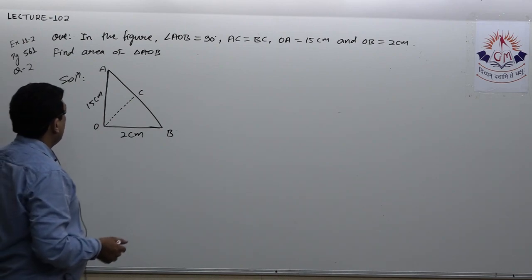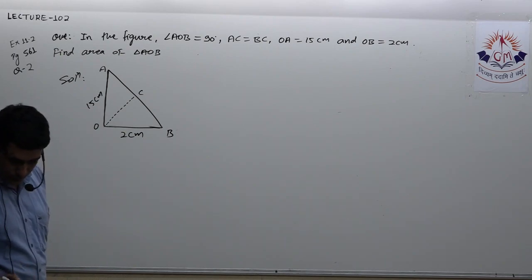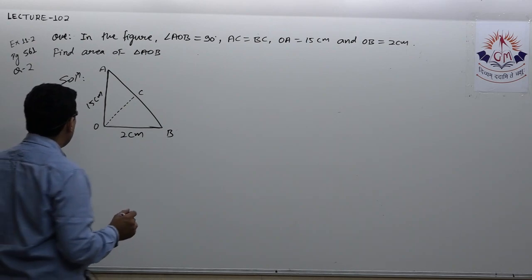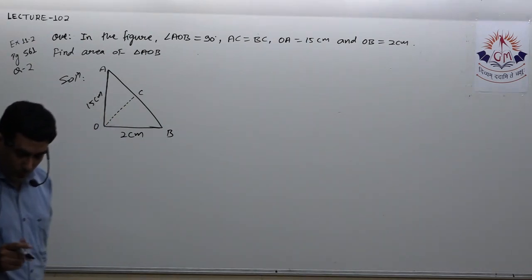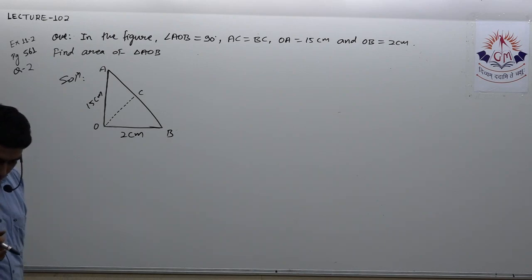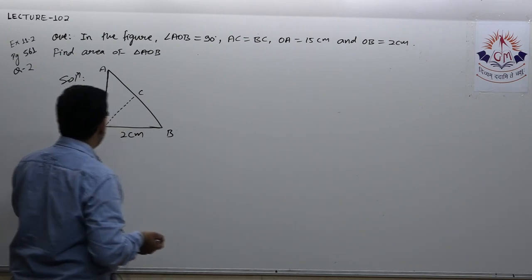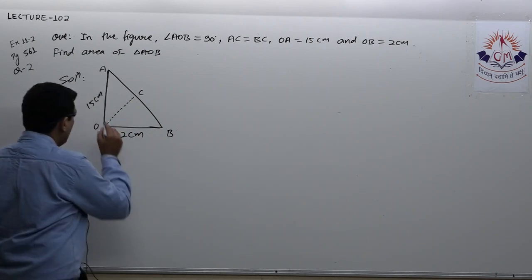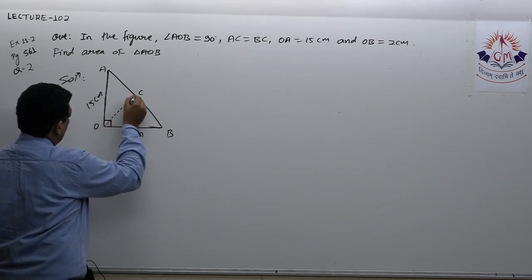To get the area of triangle AOB, we are given OA is equal to 15, OB is equal to 2, angle AOB is 90 degree, AC is equal to BC. To get the area of triangle AOB, it's simply half base into height, so no need to use any of this information.